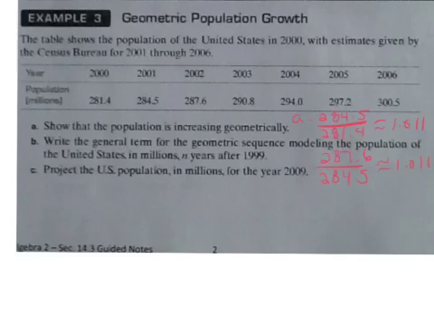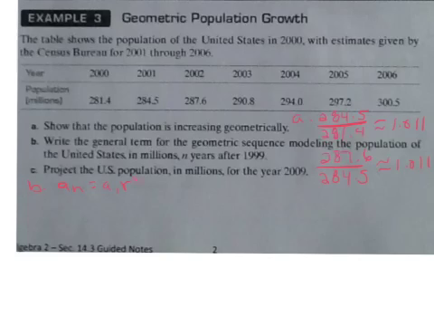So let's look at B. For B, we got write the general term for the geometric sequence modeling the population of the United States in millions of years. So you have the formula above with the general term. That's the a sub n formula for a geometric sequence: a sub 1 times r to the n minus 1.